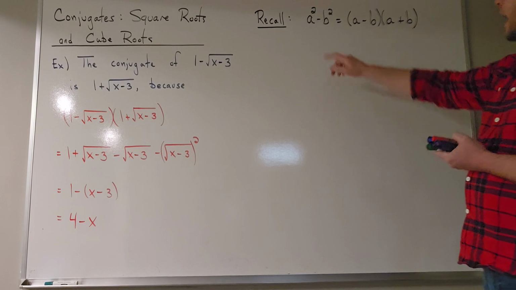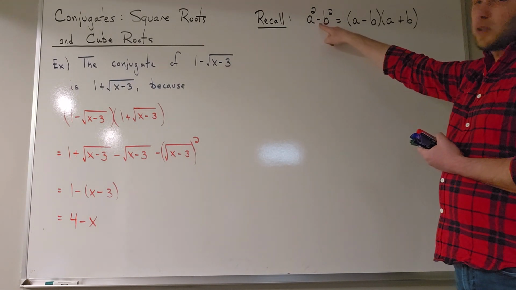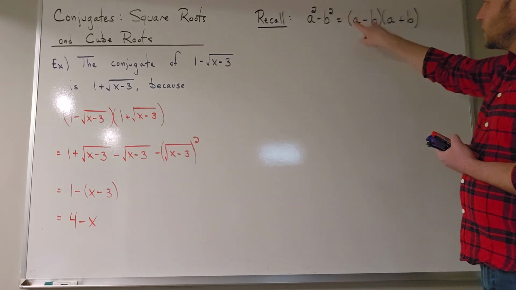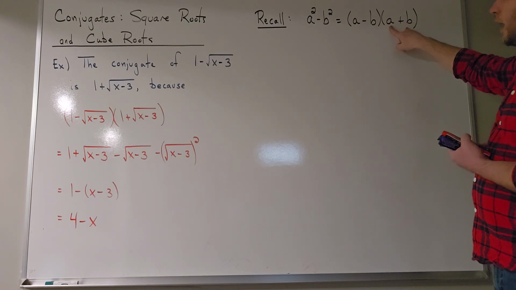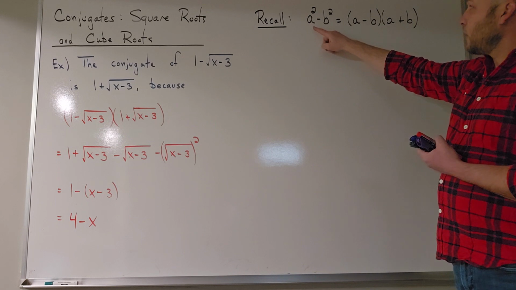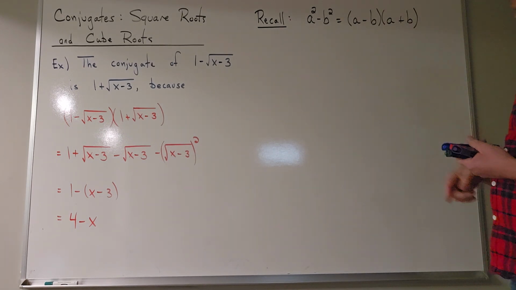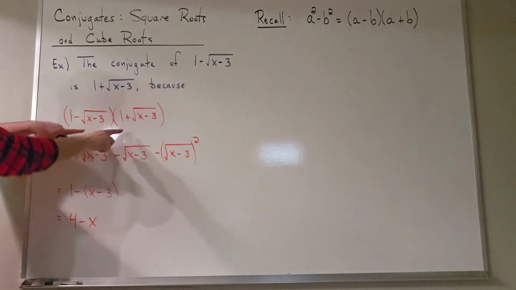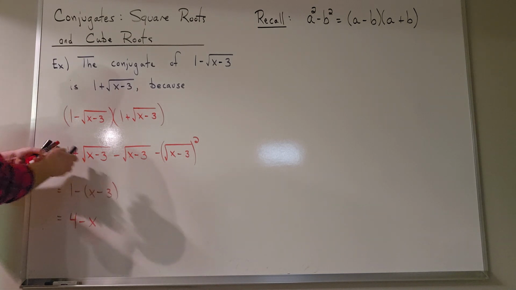And in order to find that, I'm going to remind you of the factorization formula for the difference of squares. If I have the difference of perfect squares, it's the difference of the bases times the sum of the bases. Let's take a look at this equation and match that up.